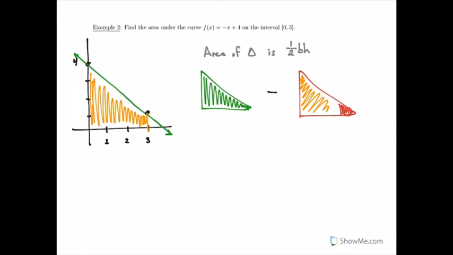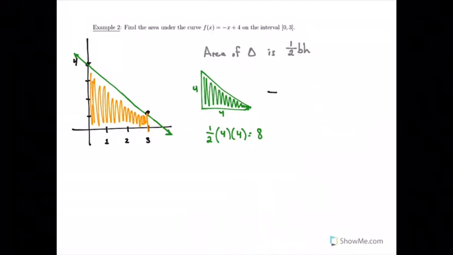So the area of the big triangle is going to have 1/2, the base is going to be 4, and the height is going to be 4. And this will give us an area of 8. And the little triangle, not the yellow stuff, just the red stuff, has a base of 1 and a height of 1.